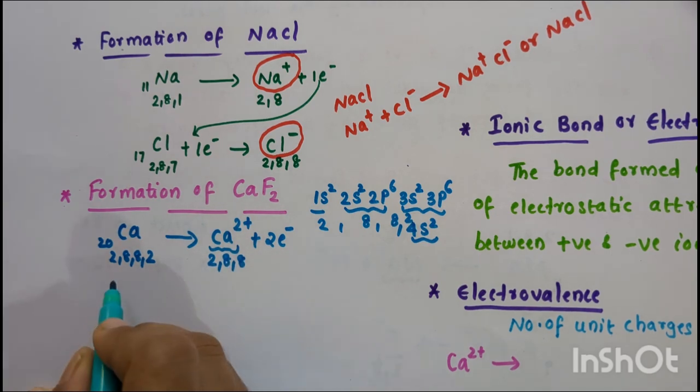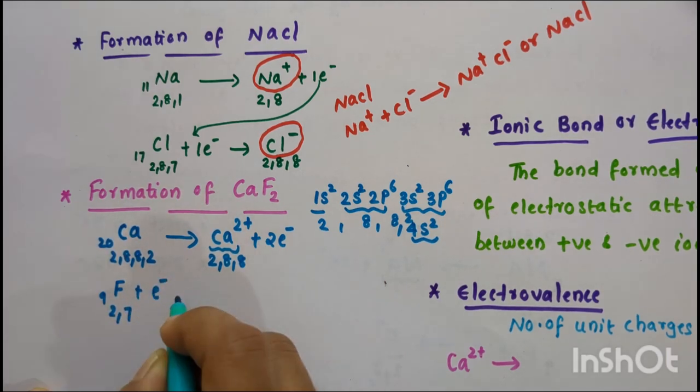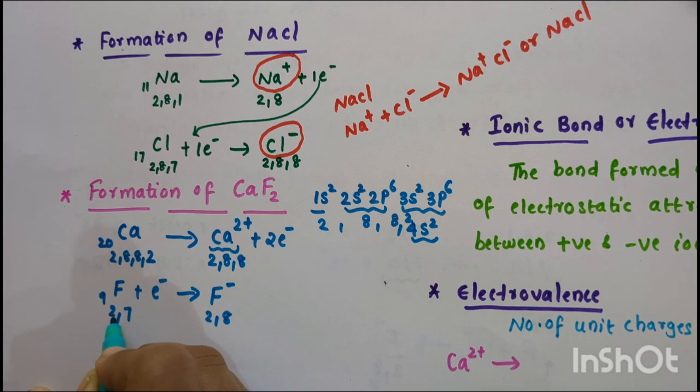Now CaF2. When you consider one fluorine atom, its atomic number is 9, so electronic configuration 2, 7. One fluorine atom will gain 1 electron and it will become F minus ion. When you consider F minus ion, its electronic configuration will be 2, 8 because it was 2, 7, it gained 1 electron, so 2, 8.